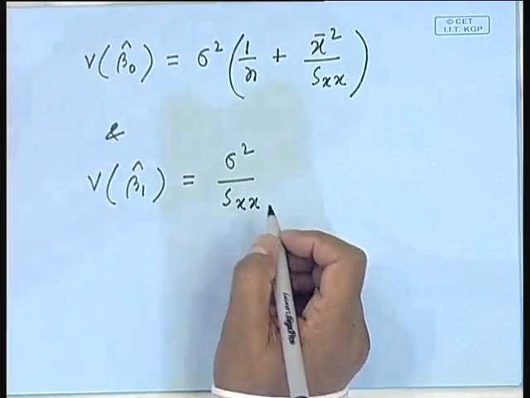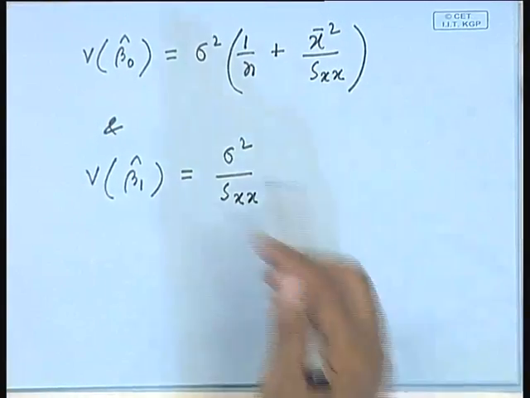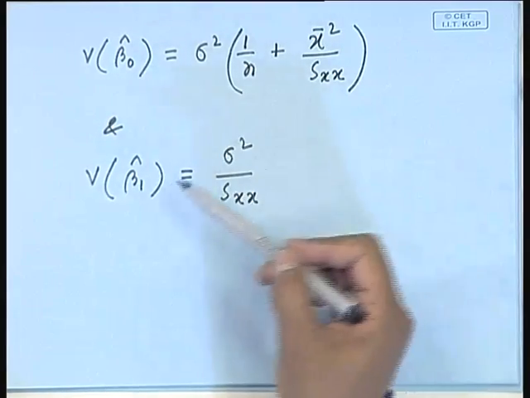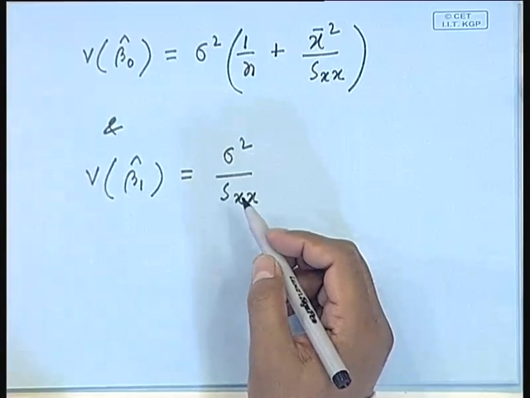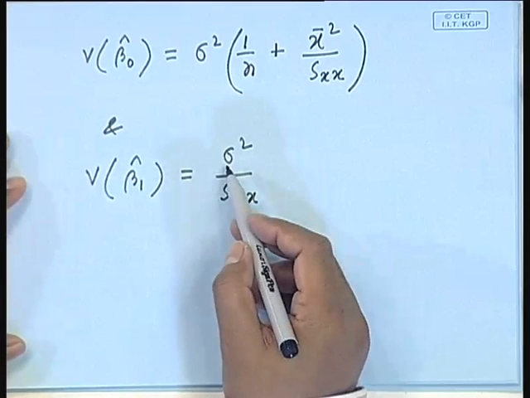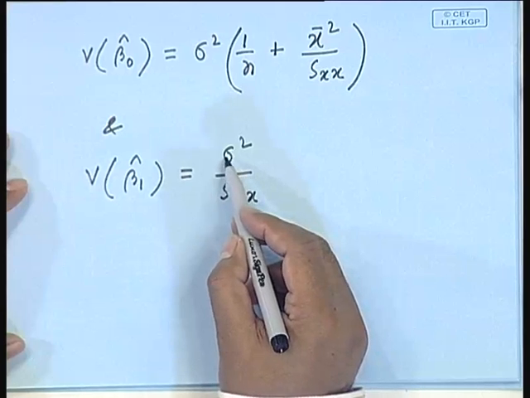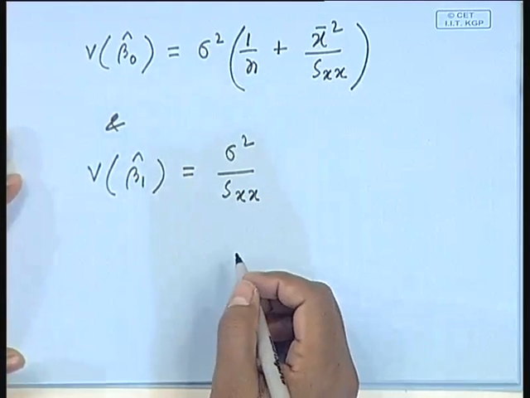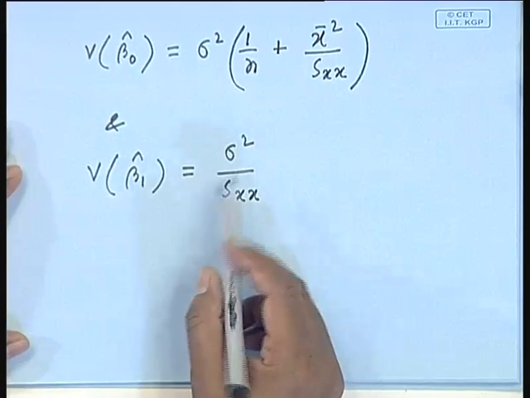So, now see, both the variance formulas, for beta naught hat and beta 1 hat, involve sigma square. But we do not know what is the value of sigma square. So, sigma square must be replaced by its estimator.